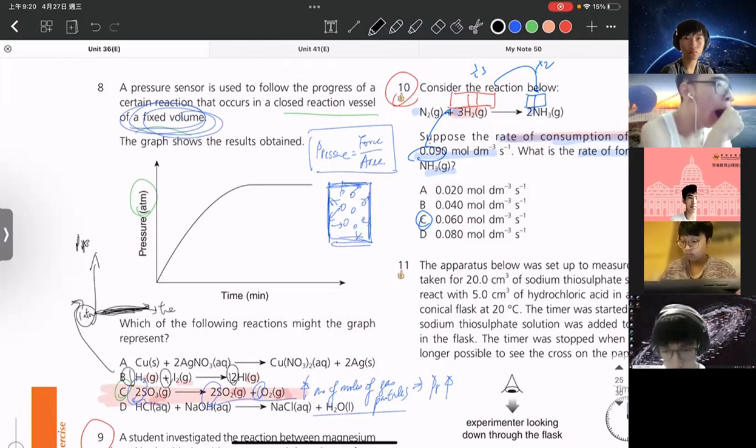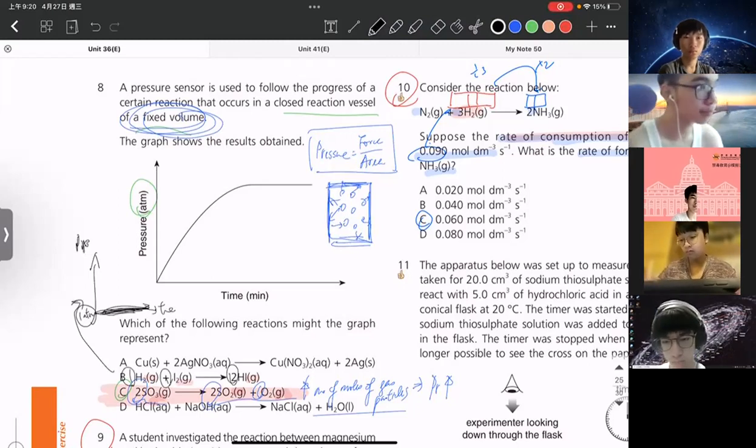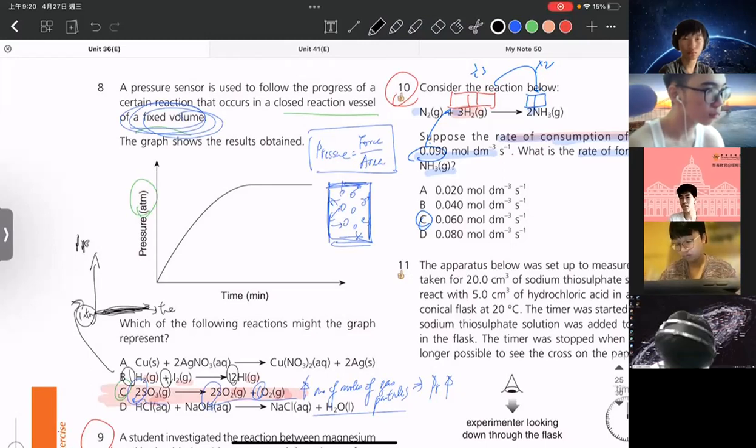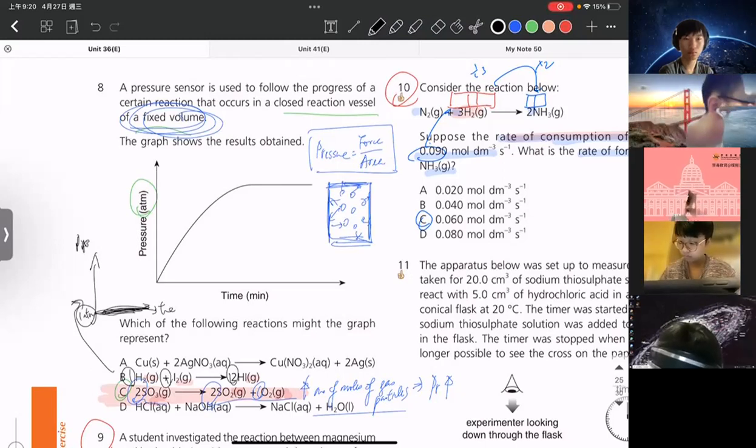The chemical nature has changed, but the total number has not, which means that at the same temperature and same volume, per unit area of the wall of the container experiences the same force from the hitting of the gas particles onto its wall. Simply like this. Okay?